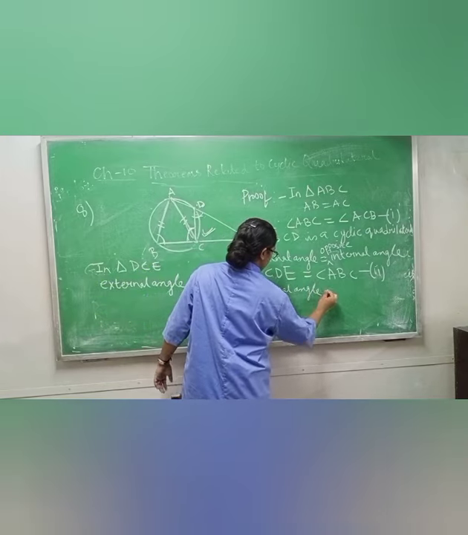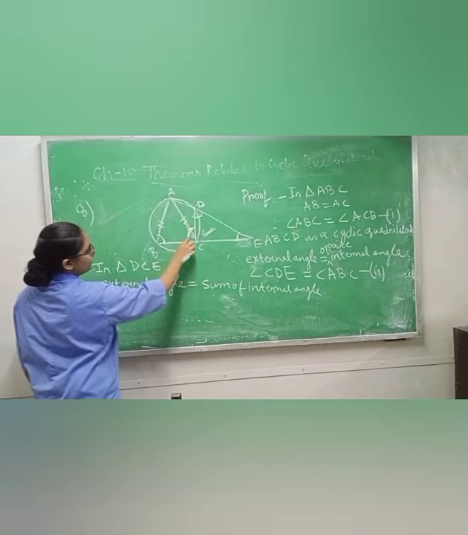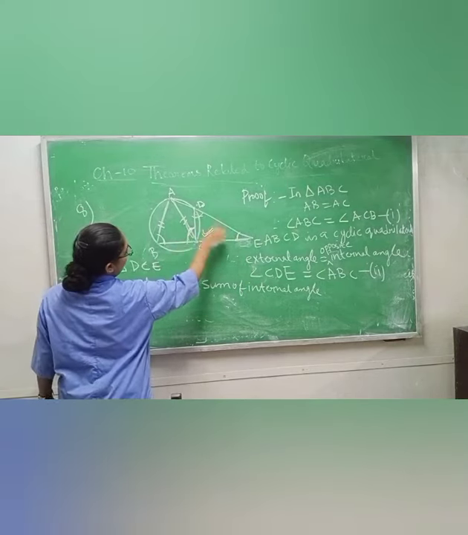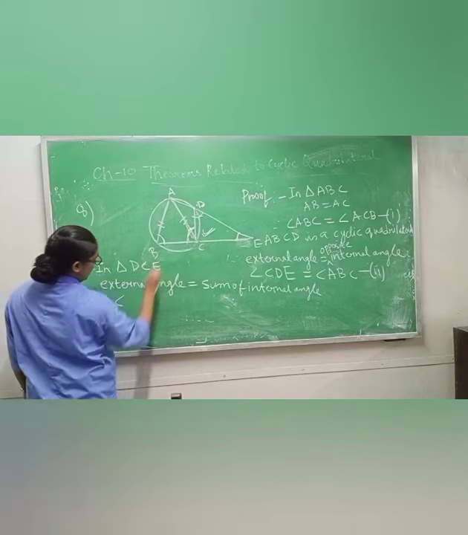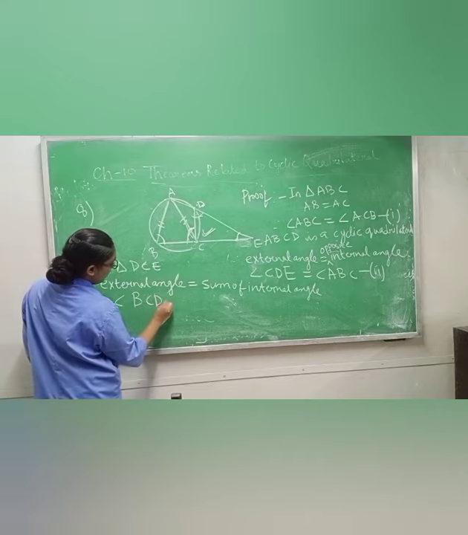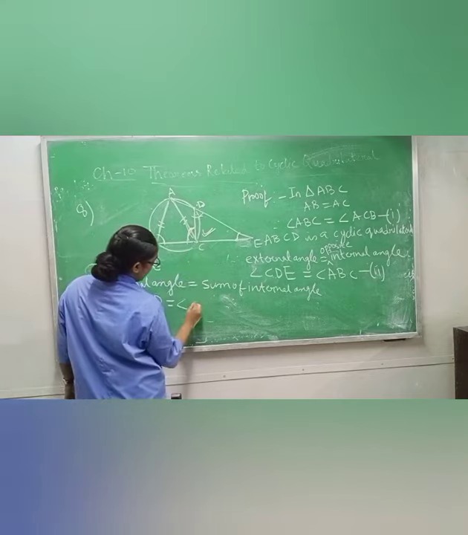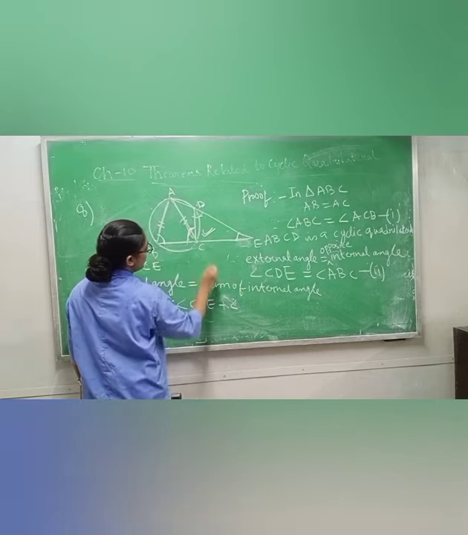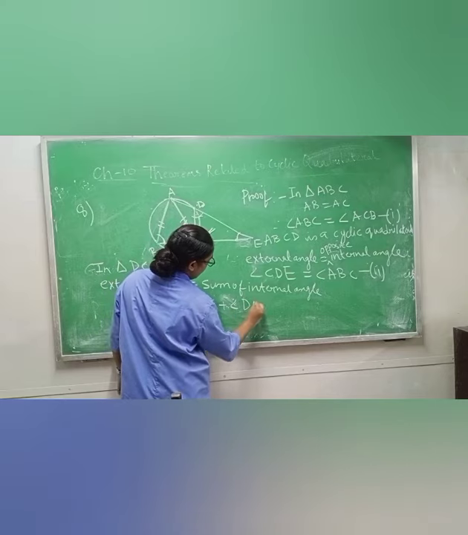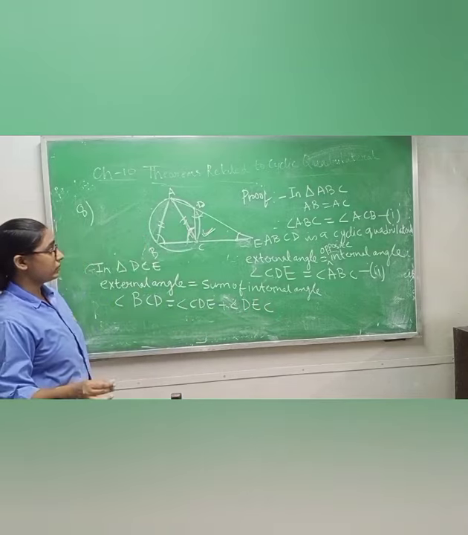If I am taking this triangle CDE, which one is the external angle? I am taking BCD. First I am writing external angle is equal to sum of internal angles. I am taking this one, because if this one is the external angle, then the opposite angles will be these two. So angle BCD is equal to angle CDE plus angle DEC.